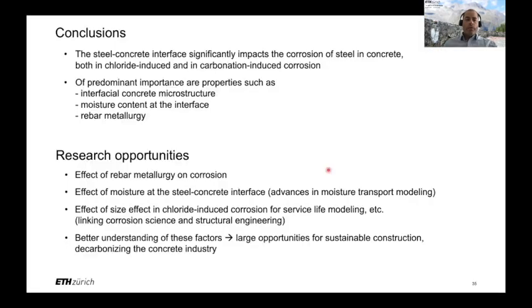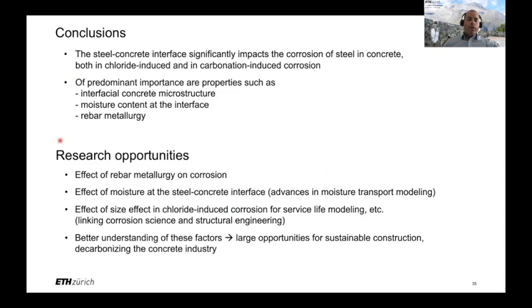Now, to conclude, the first point that I would like to make is that we have seen that the steel-concrete interface significantly impacts the corrosion of steel in concrete, both in chloride-induced and in carbonation-induced corrosion. The factors that are of predominant importance are the interfacial concrete microstructure, the moisture content at the interface, and the metallurgy of the steel.